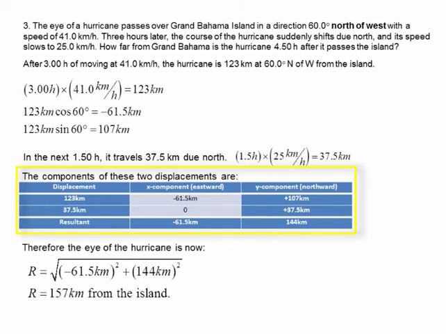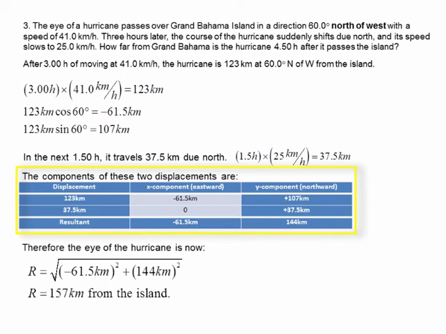For the other term we have a 0 x component because of the direction that the hurricane is moving, plus a y component of 37.5 kilometers. Now all we have to do is sum our x component terms, which comes out to negative 61.5 kilometers, and sum our y component terms, which gives us 144 kilometers.